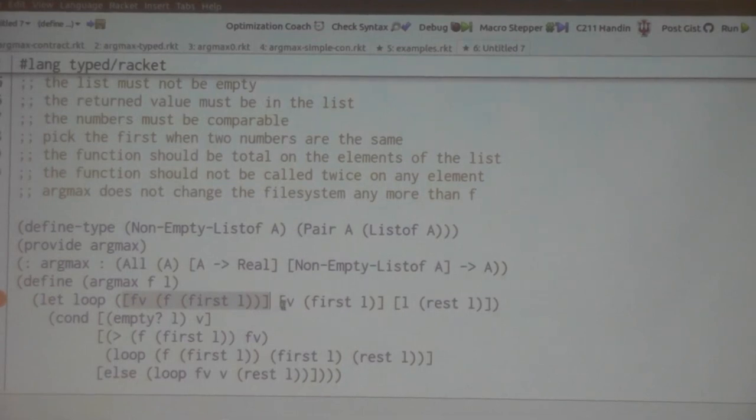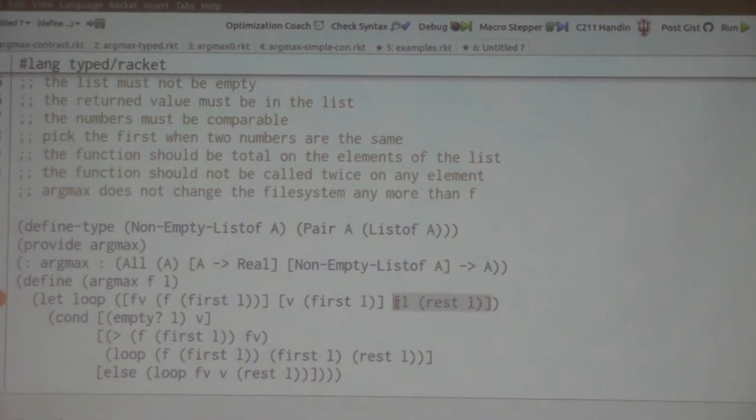Well, it's whatever the first element of L is. So FV is the biggest output we've seen, and V is the input that produced that biggest output. And L is just the list that we have remaining to process. And we've already taken care of the first element, so we've just got the rest of it.